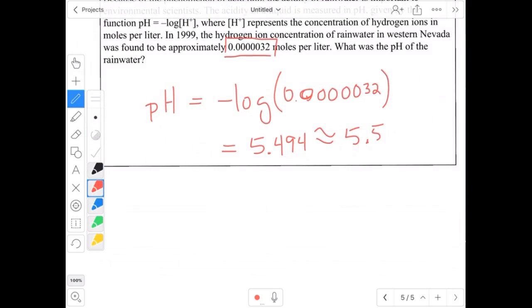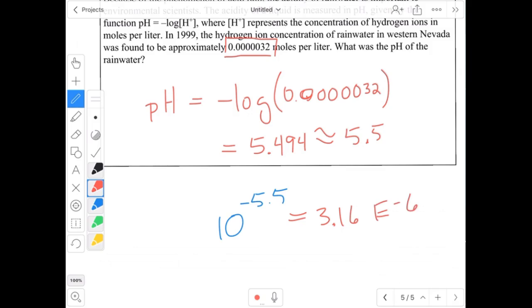Now, I can check that because this is assumed to be a common log. That would mean that I can take 10 to the negative 5.5, and I can check that. And I get 3.16, so roughly 3.2, and then we get this e-6.